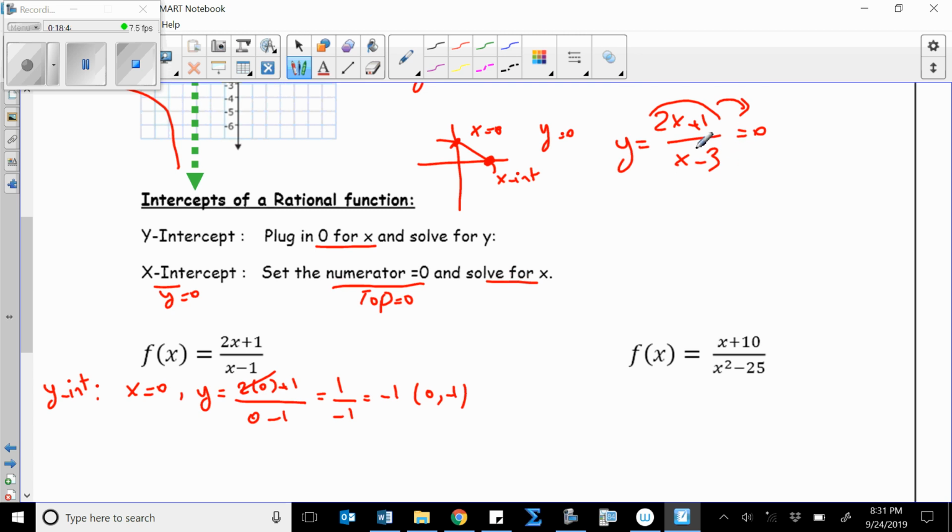The bottom, you don't even need to touch that. Just ignore the bottom. Just set the top equal to 0. Because in a rational expression, when the rational expression is equal to 0, only the top is equal to 0. We know that we cannot set the bottom equal to 0 because anything divided by 0 is undefined. So that's why we don't have to set the bottom equal to 0.